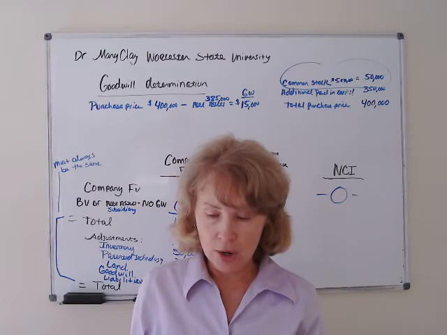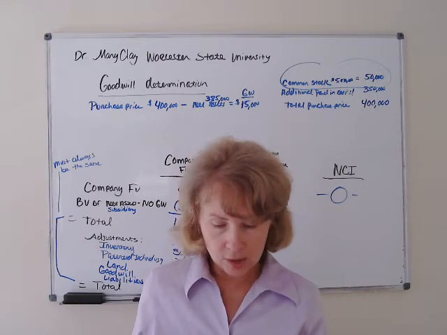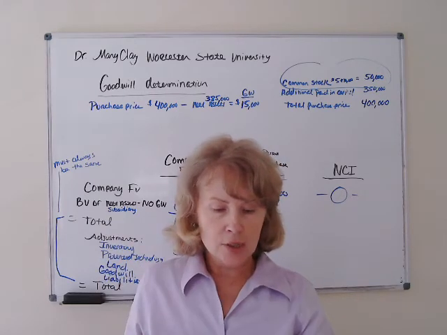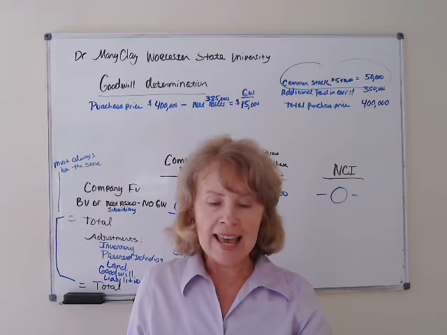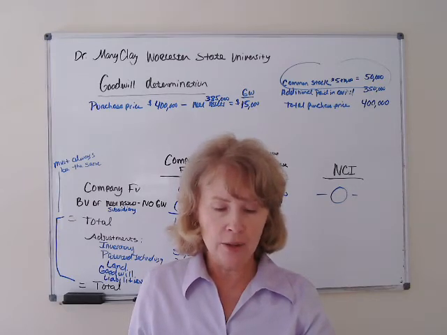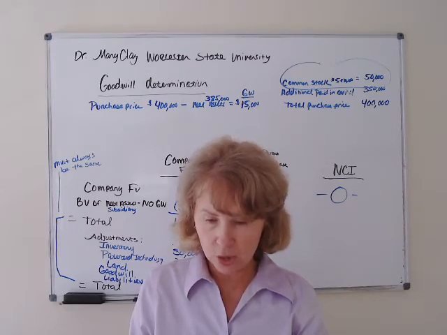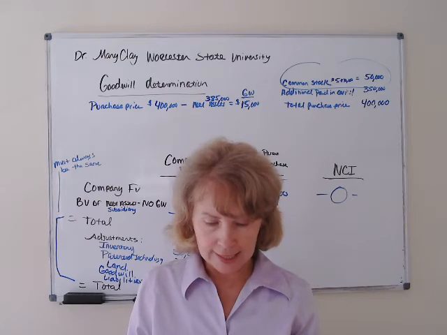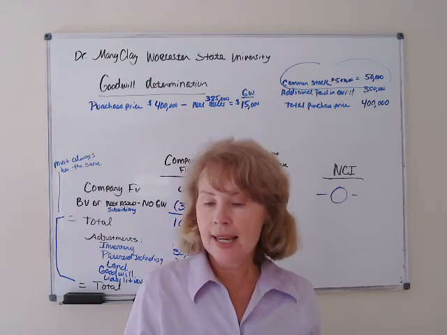Okay, so let's look for the patent. I go over there. True Data is 230. That's the parent. And then I'm going to add in only the fair market value. So 230 plus 200 gives me 430,000.